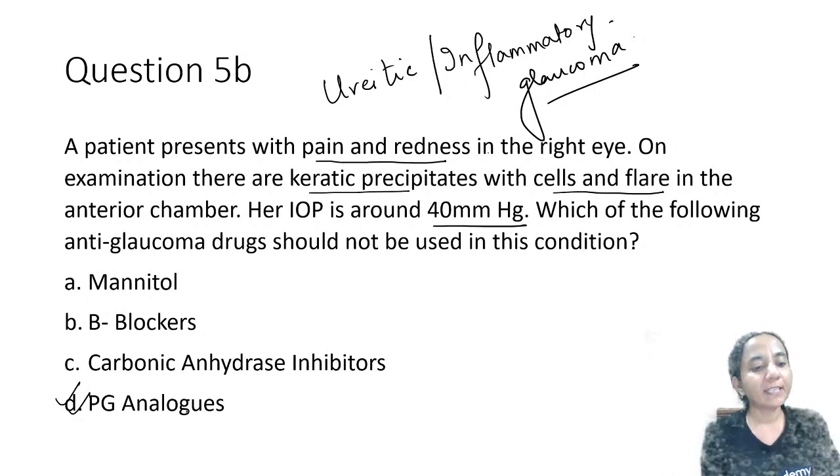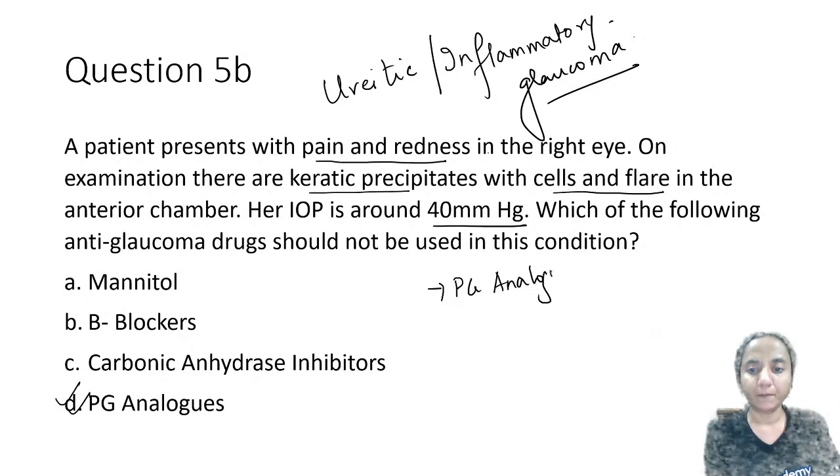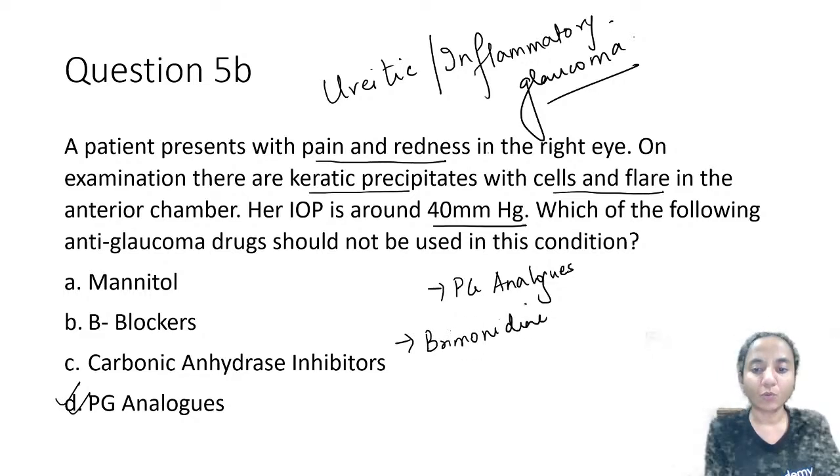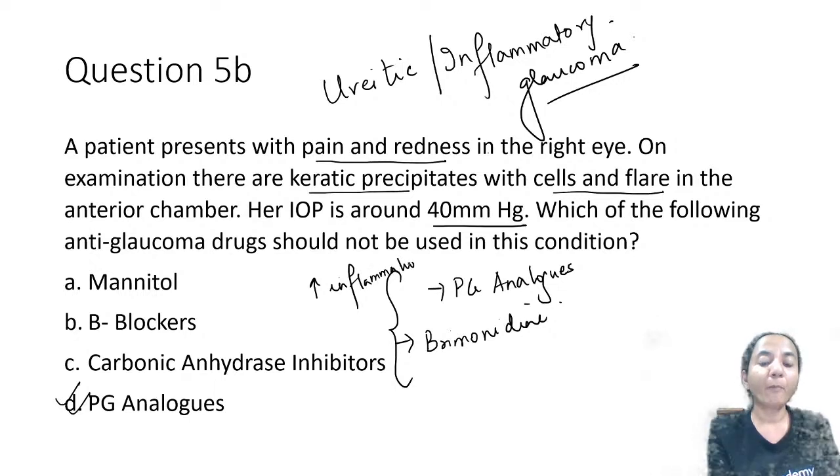The answer is PG analogs. But actually, you must know that in uveitic glaucoma, we don't give PG analogs. Second, brimonidine also must not be given. Now, why are these two drugs avoided? Because both of them are known to increase inflammation, and both are associated with an increased risk of cystoid macular edema.